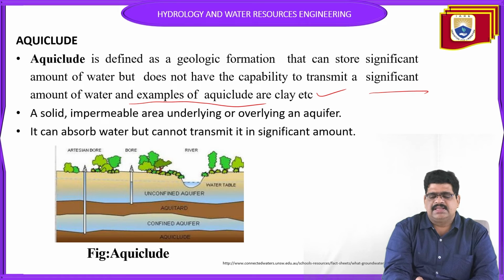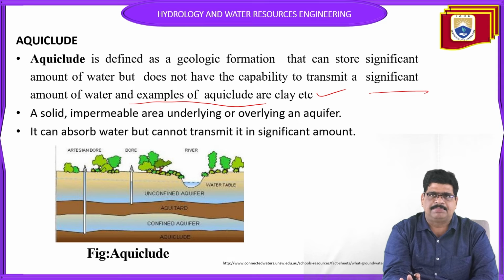Let us remember this once again: an aquaclude is a geological formation that can store a significant amount of water but cannot transmit a significant amount of water, and examples are clay, etc.